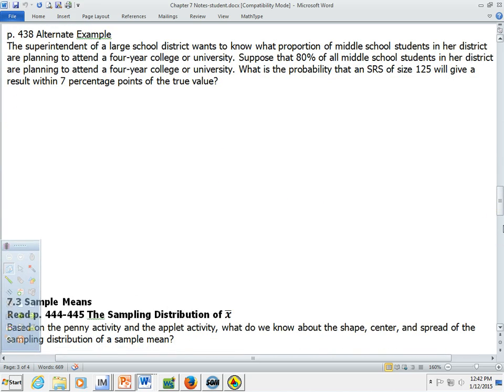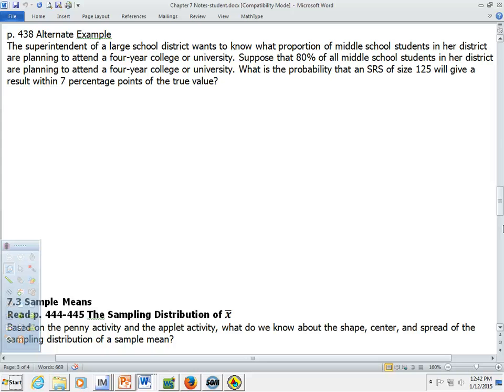Okay? The superintendent of a large school district wants to know what proportion of middle school students in her district are planning to attend a four-year college or university. Suppose that 80% of all middle school students in her district are planning to attend a four-year college or university. What is the probability that an SRS of size 125 will give a result within 7 percentage points of the true value?